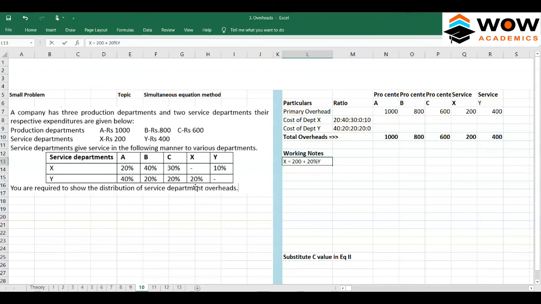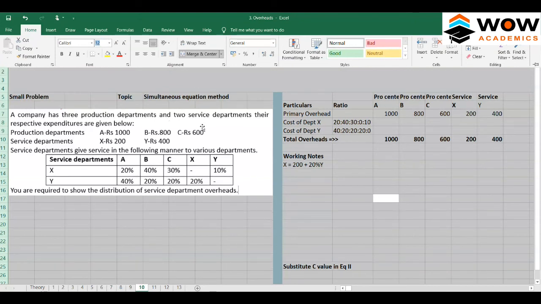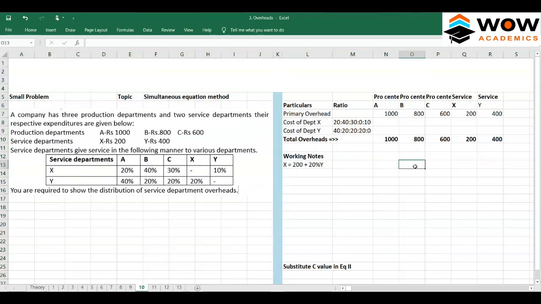And in a similar manner, Y's total cost is 400 plus it also receives from X 10% of service.